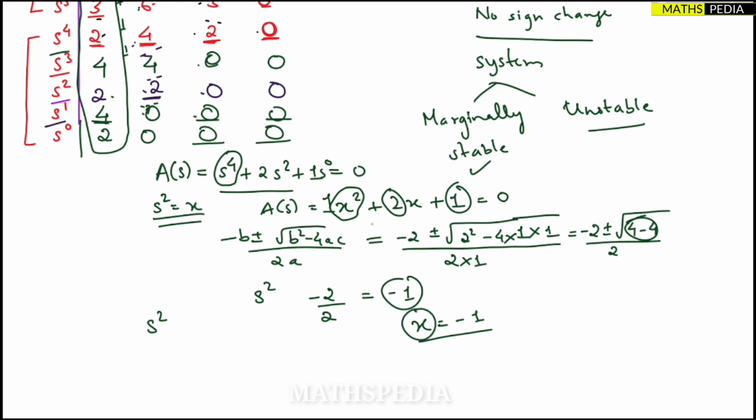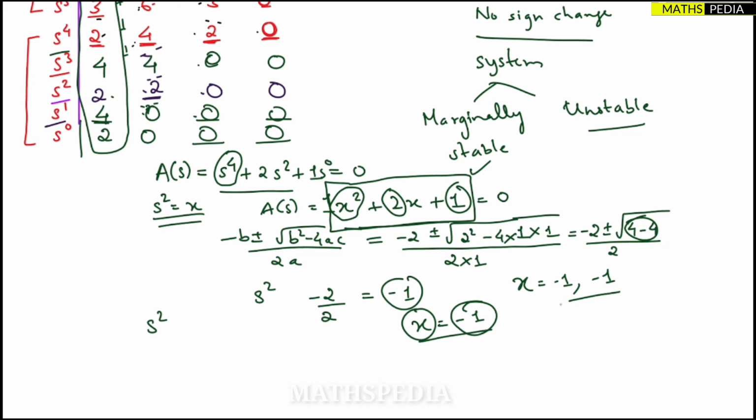Since it is quadratic, we are finding the values of x for this quadratic equation. Quadratic means how many roots should be there? Two roots should be there. That means x should be minus 1, comma, minus 1. We are getting the same roots because we are getting only one value, minus 1. So you have to write it as same roots, minus 1, minus 1. Two roots should be there. That is the thing. Okay.